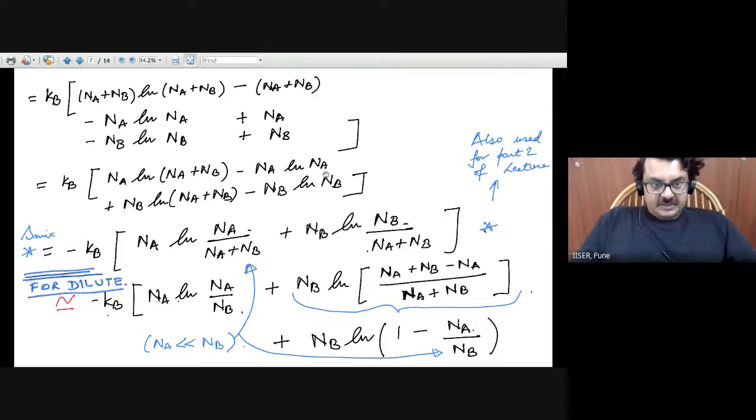If you do this algebra, then the entropy of mixing is minus kB. Basically, I've taken out the kB. It is Na log of Na upon (Na plus Nb), where Na plus Nb is the total N particles, the number of sites in the lattice, plus Nb ln of Nb upon (Na plus Nb).